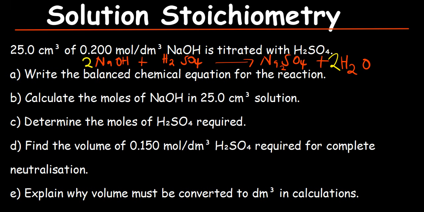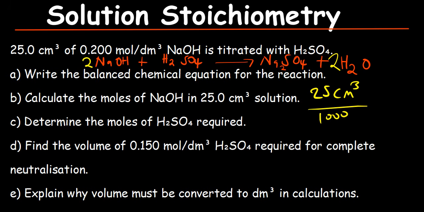So now what are we going to do? It's the same thing, dm cubed or centimeter cubed. So in this case, I'm going to get my 25 cubic centimeters. I'm going to divide it by 1000 to convert it to dm cubed.